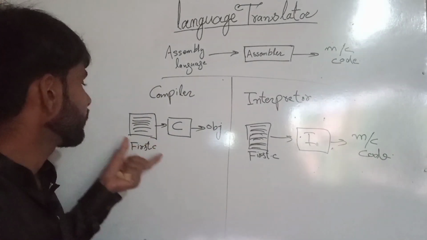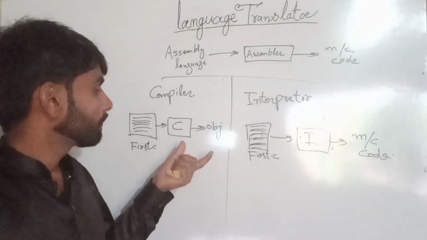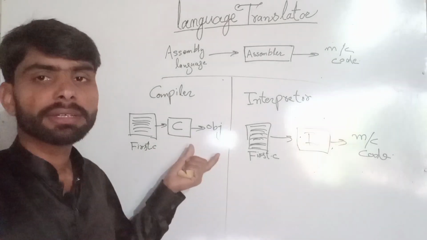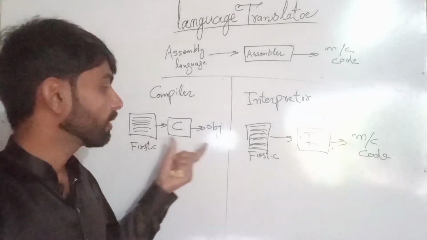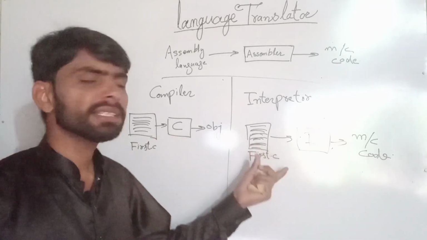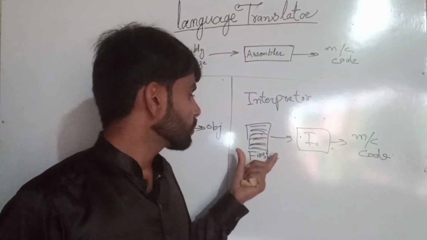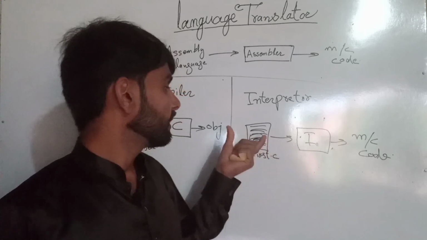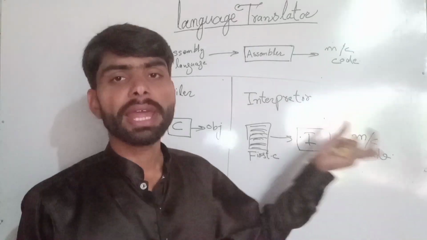Here linking and loading are done, and an object file is created. But in this case no object file is created. The interpreter will take one line and convert it directly into machine code.